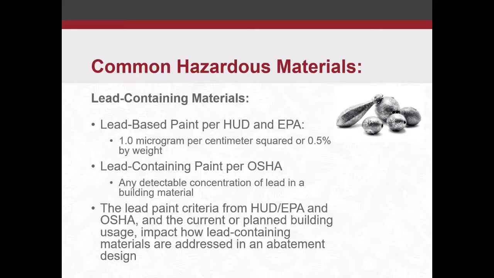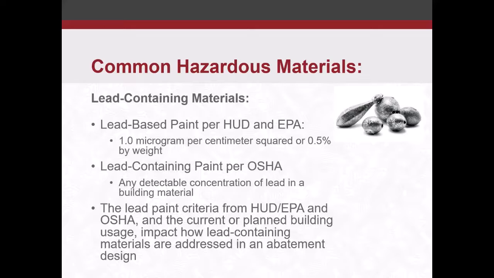HUD and the EPA actually define lead-based paint as 1 microgram per centimeter squared, or 0.5% by weight. So that dictates when their regulations and requirements kick in. When you're dealing with child-occupied facilities and you have lead-based paint, you follow their standards and regulations.